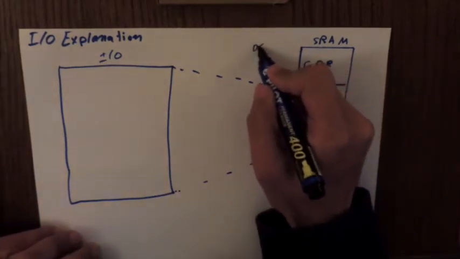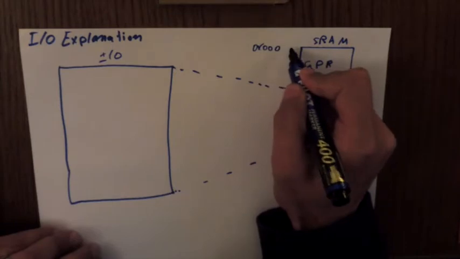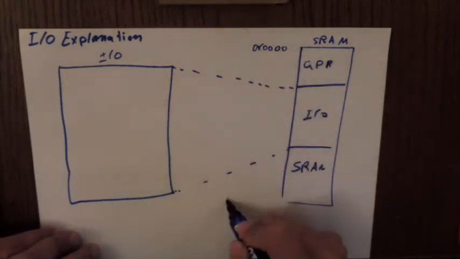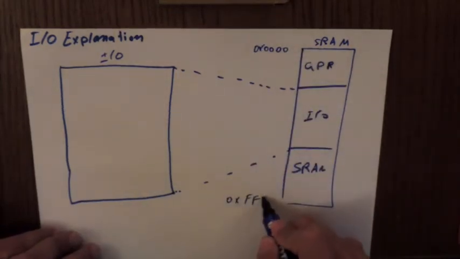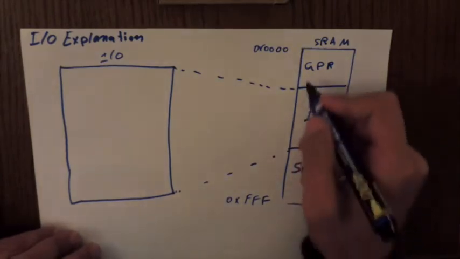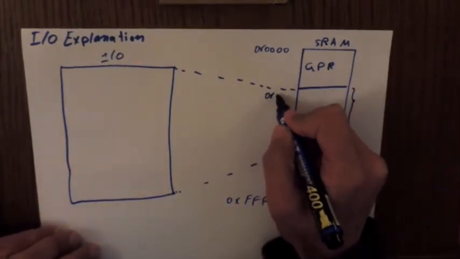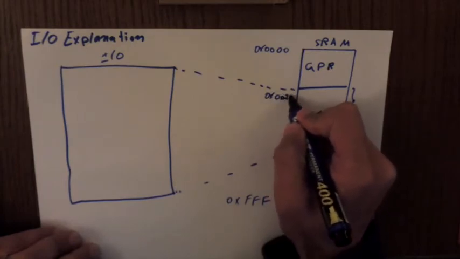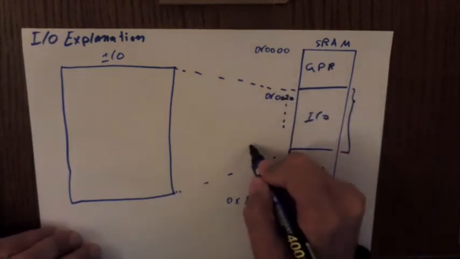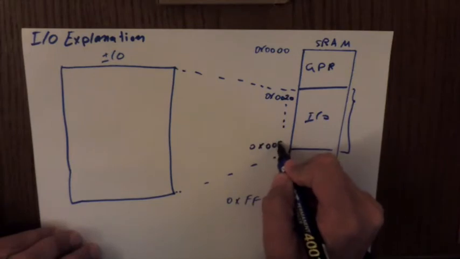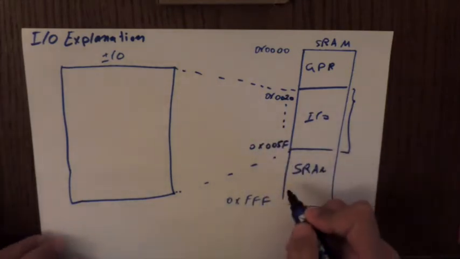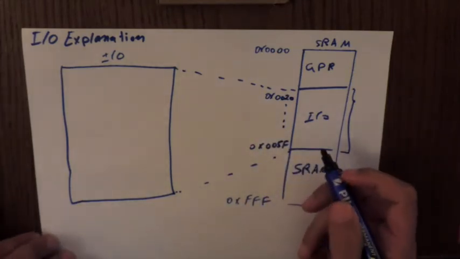It goes from 0x0000 till 0xFFFF as maximum, and this part actually goes from 0x0020 to 0x005F. Now, as I said, there are two types of addressing.